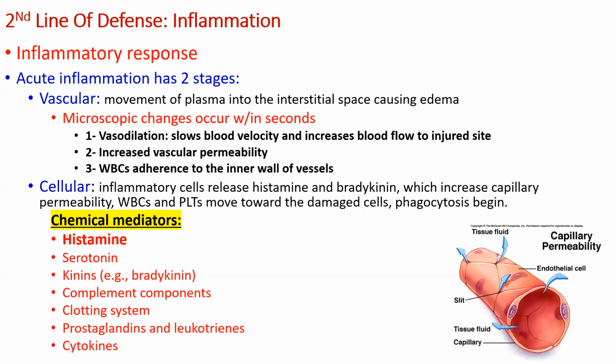These chemical mediators will increase capillary permeability, so that the white blood cells and platelets will move towards the damaged cells, and phagocytosis will begin. These chemical mediators include histamine, serotonin, kinins like bradykinin, complement components, clotting system, prostaglandins and leukotrienes, and cytokines.